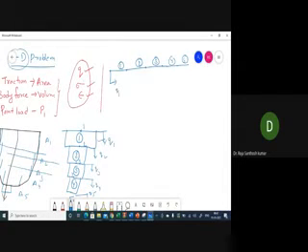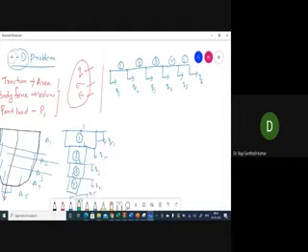So I'm representing it here. Now it is element 1, element 2, element 3, element 4, and this is element number 5.